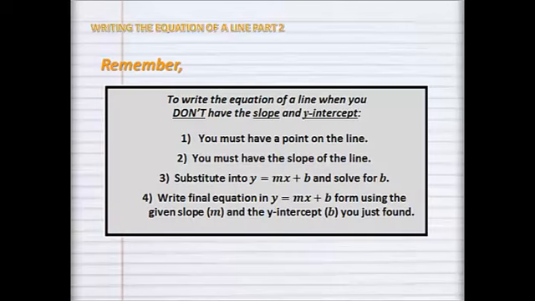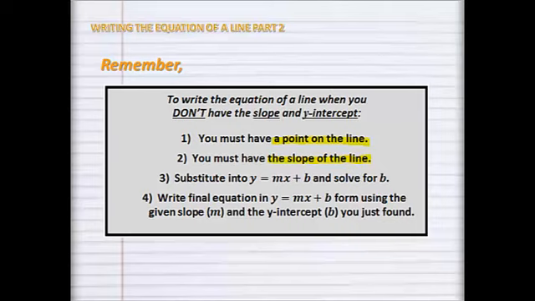First thing I want to do is look at something that was in your notes yesterday and have a quick reminder on it. Remember, if we want to write the equation of a line when we don't have the slope and the y-intercept, we first have to have a point on the line, and then we have to have the slope of the line. So I'm either going to give you the y-intercept, or a point on the line, or some information to find those.